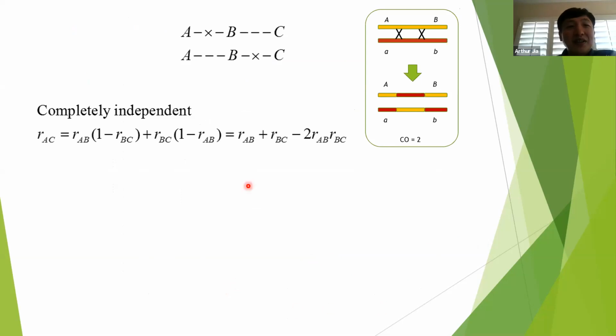All right, so if we want to find out the genetic distance between A and B and C, we need to do the test cross, and we need to use this test cross to help us produce a lot of progeny.